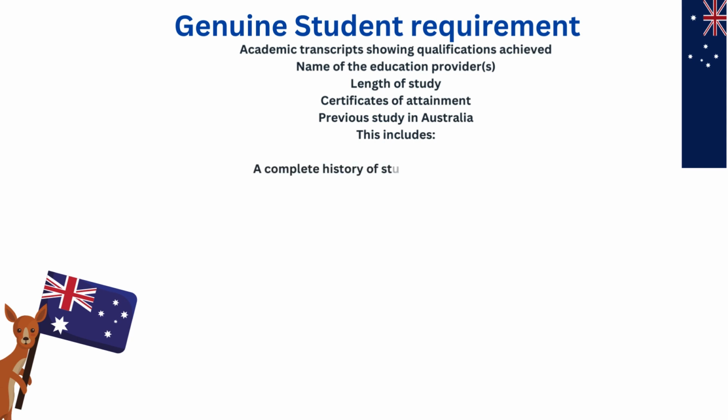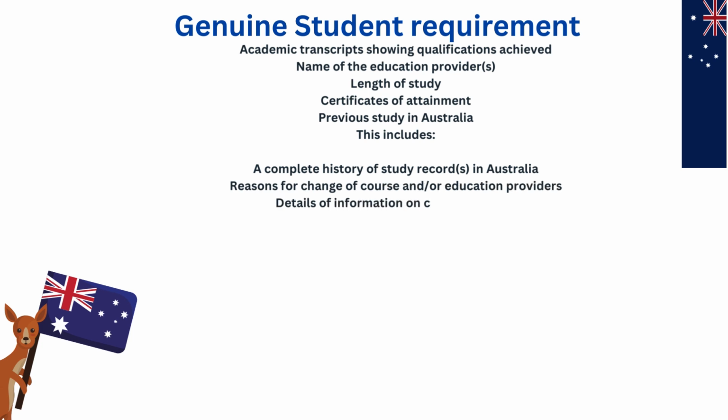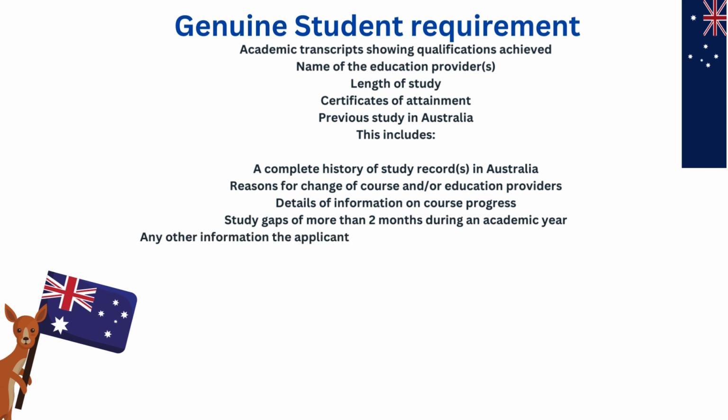This includes a complete history of study records in Australia, reasons for change of course and/or education providers, details of information on course progress, study gaps of more than 2 months during an academic year. Any other information the applicant considers relevant to their study record in Australia.